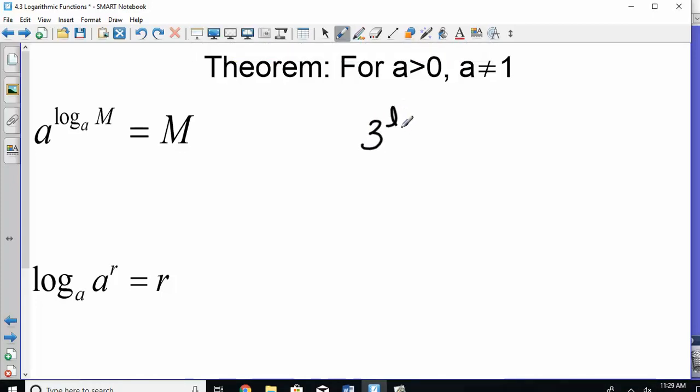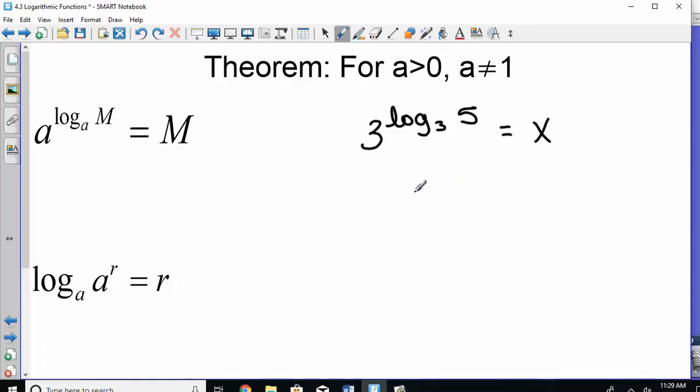3 to the log base 3 of 5 power. Okay. So the property tells us that should equal what? 5. If we didn't know that, let's say we set it equal to x. This is currently an exponential, right? Every exponential can be turned into a logarithm.